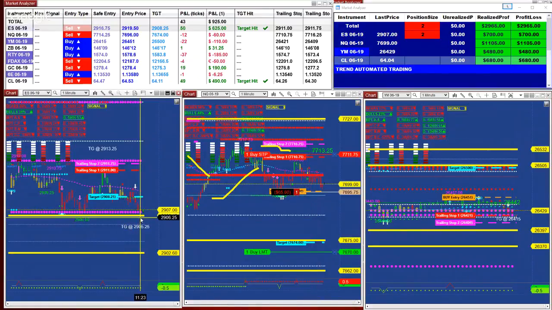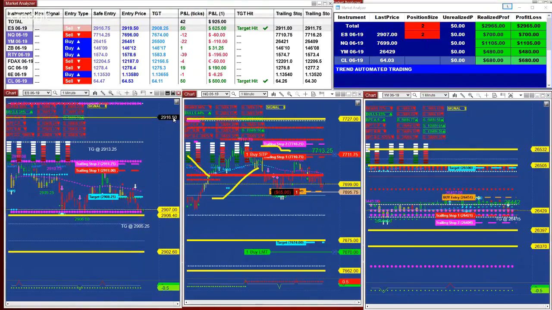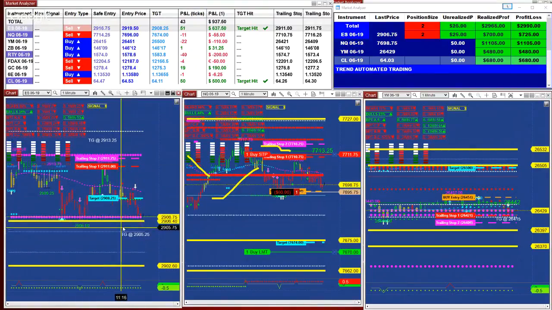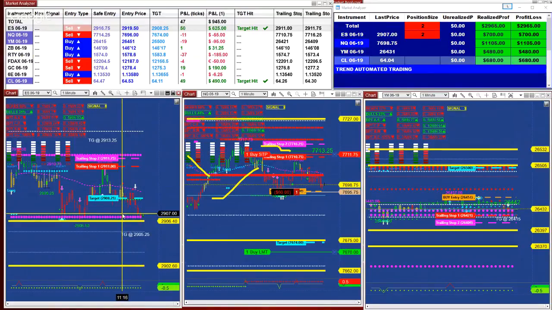And if this ES is not able to break the 906, all bets are off. But I think it will break the 906, this one here, the 906.75, and that is going to change the whole phase of momentum on the futures trading here on the ES, Nasdaq, and Dow Jones.